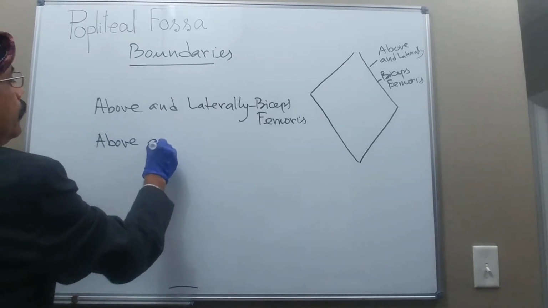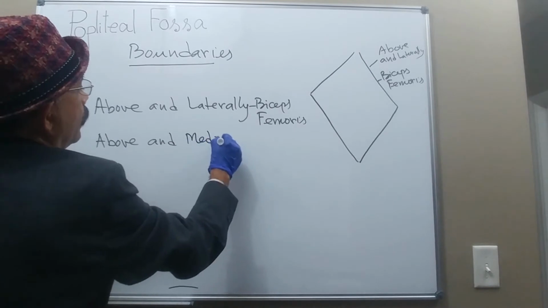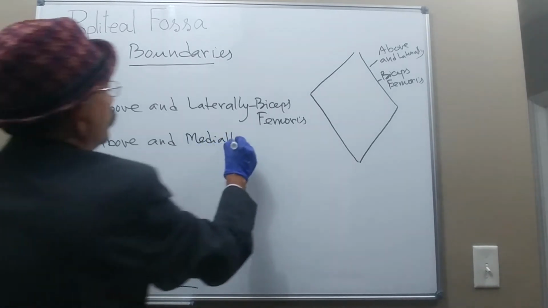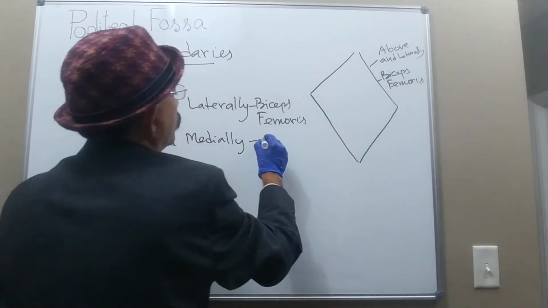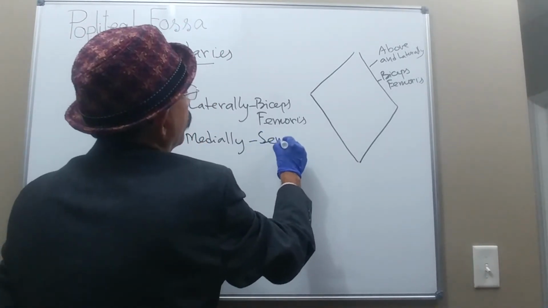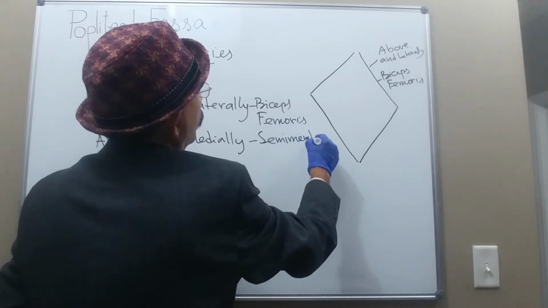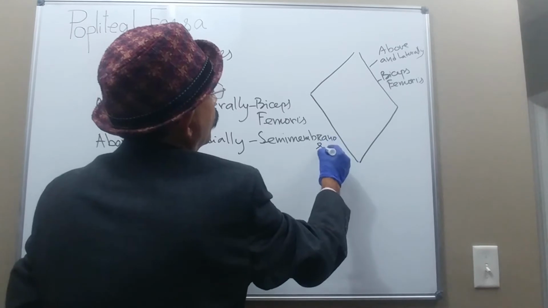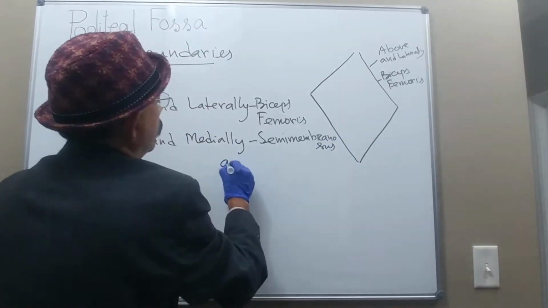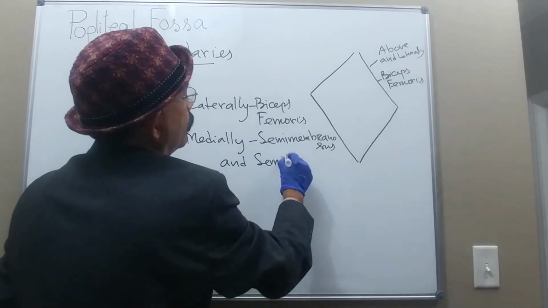Above and medially, it is bounded by the semimembranosus muscle and semitendinosus muscle.